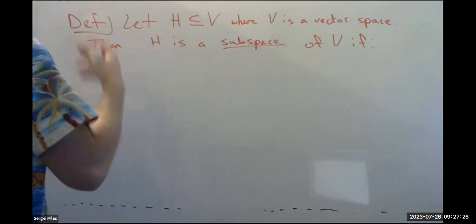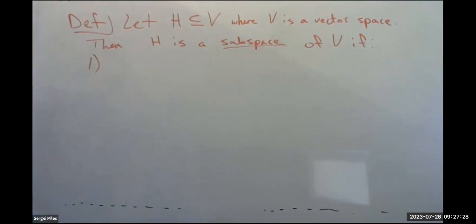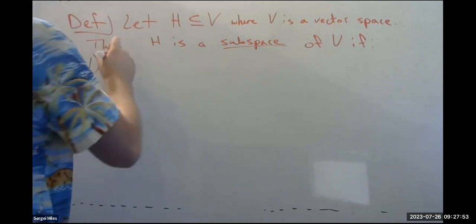Number one, to be a subspace, which is a type of vector space, it's just a vector space inside of a vector space, a smaller vector space inside of a vector space. The first requirement is that whatever this subset is, it also has to have the zero vector.